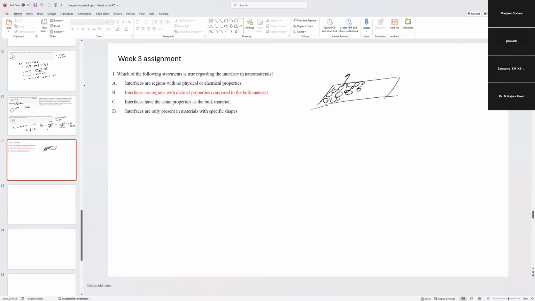Interface is just this region between the bulk material, if you have some thickness, and whatever other medium you have, maybe gas or liquid. The region between them is your interface.